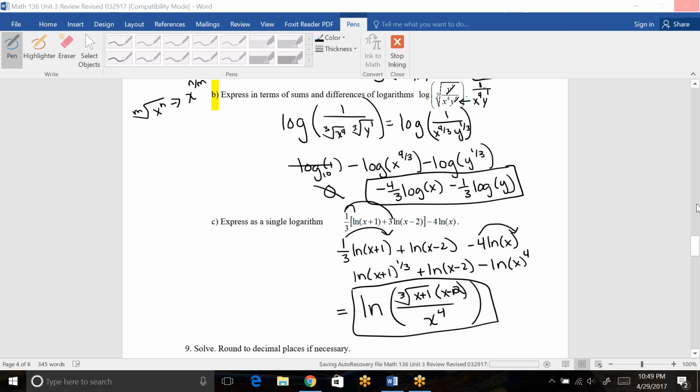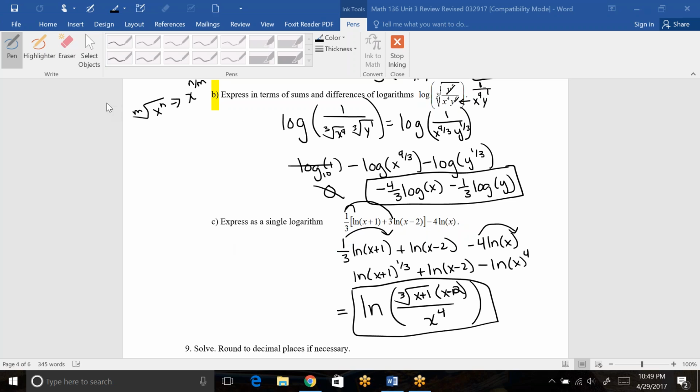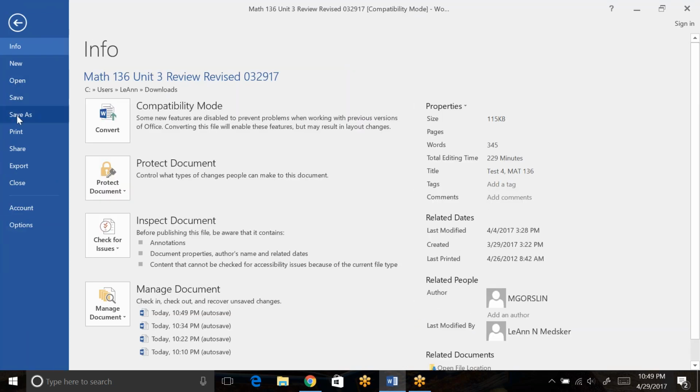All right, I need to save this document real quick so that I don't lose any of the ink. So let me save this real quick up to this point. And then we'll look at number 9. I believe we did have a question from number 9.